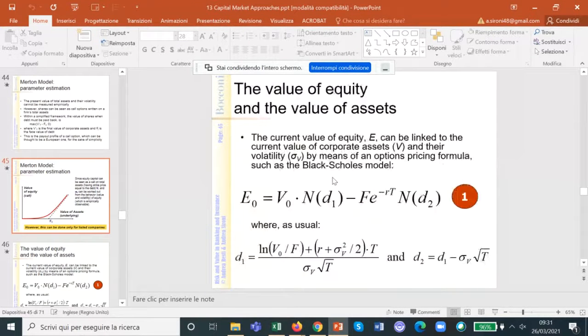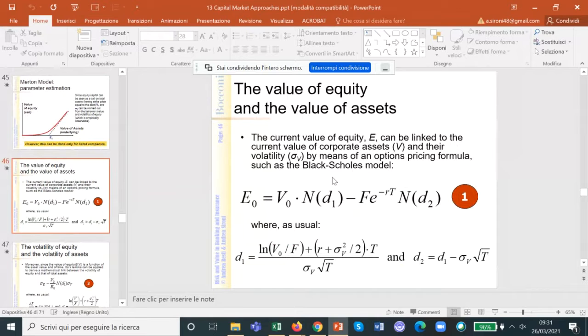Now, what is the underlying idea that we could use? First of all, we know that the equity can be seen as a call option on the company's assets, again with maturity 1 year and strike price the face value of debt. This is the first equation we can use. The value of equity, if the company is listed, we have it: it is the market cap of the company.